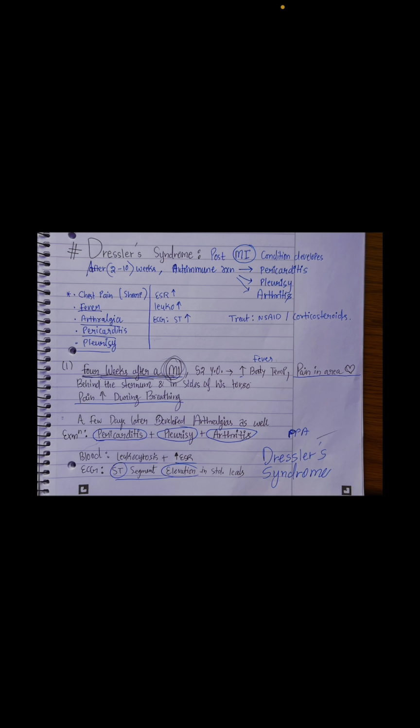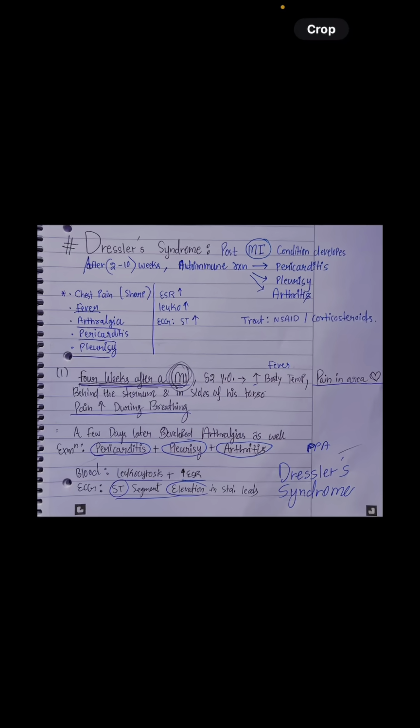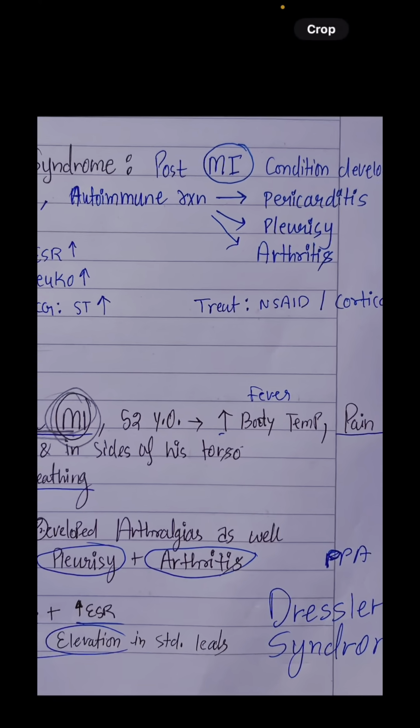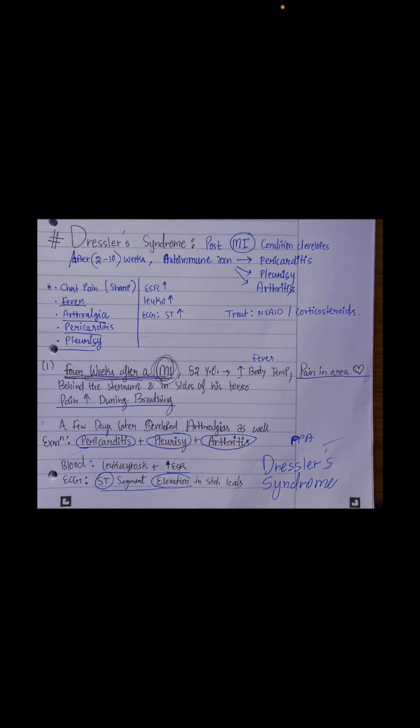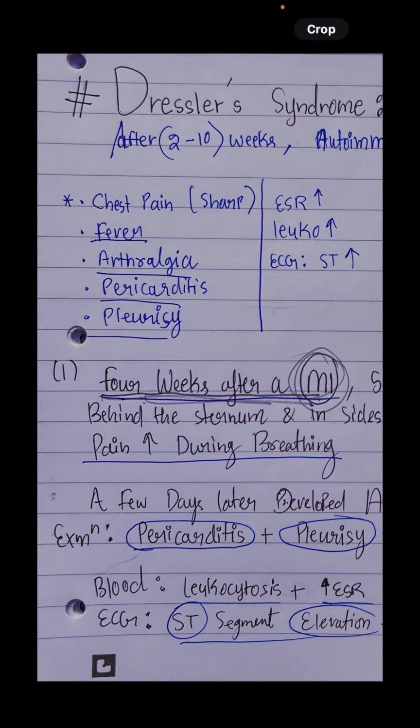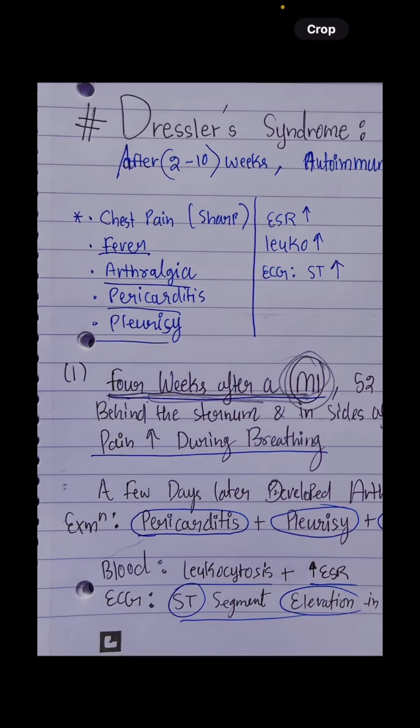Let's see what it is. It is a post-MI condition that develops after 2 to 10 weeks. It's an autoimmune reaction, which is pericarditis, pleurisy and arthritis together in the patient, a severe condition.